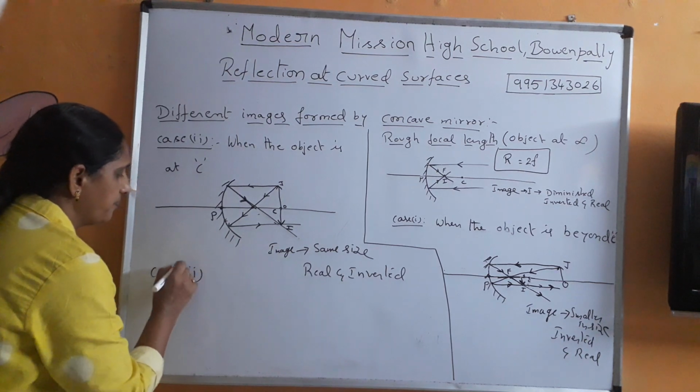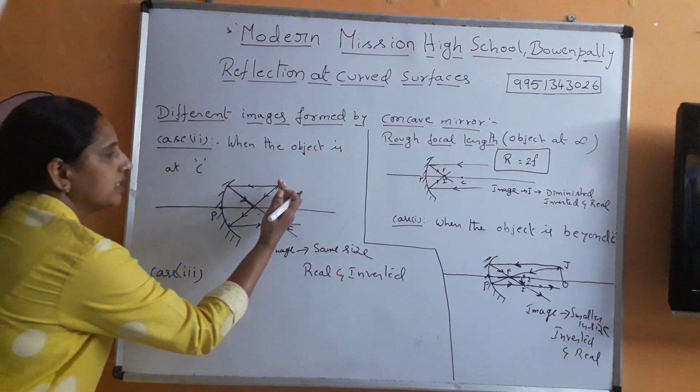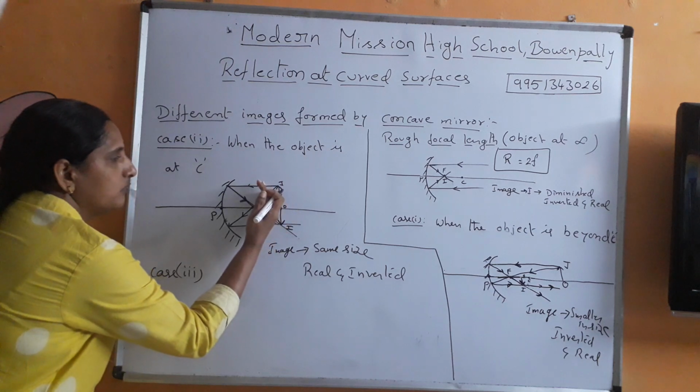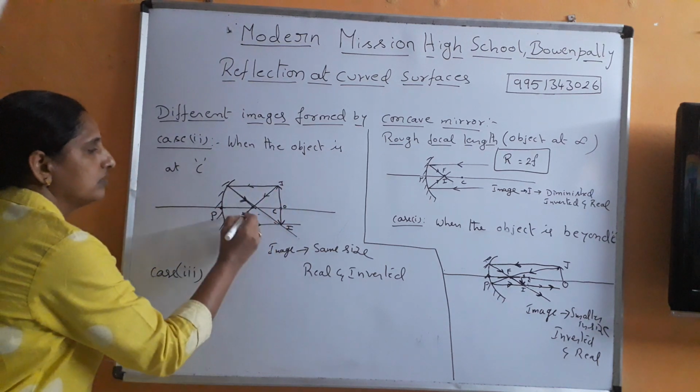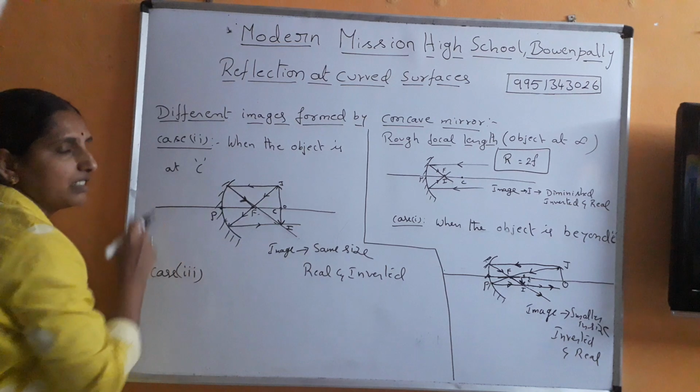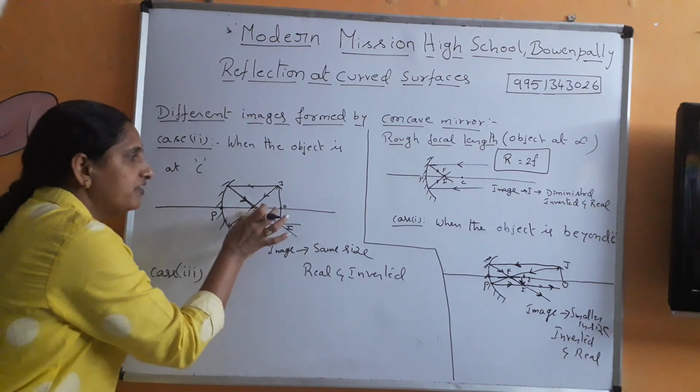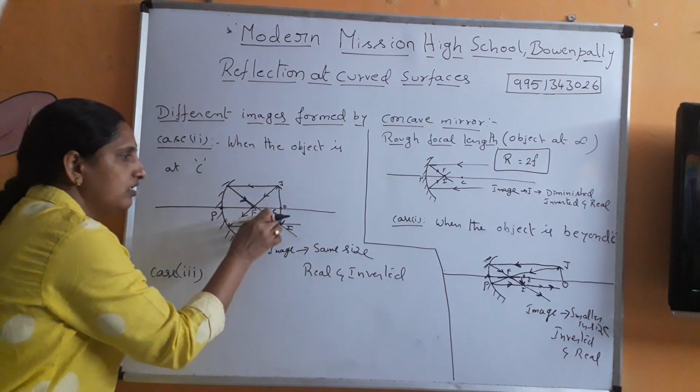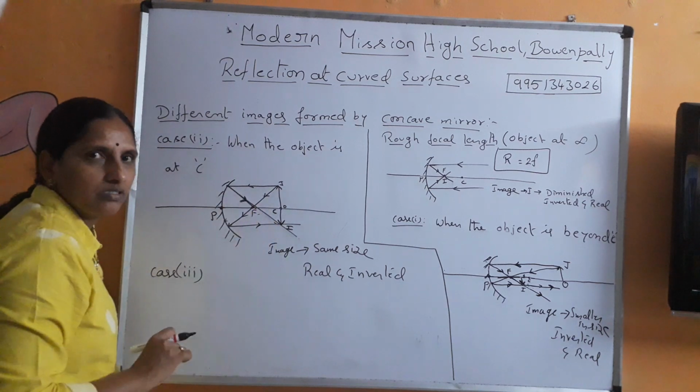Case 3. Let us bring the object a little bit nearer to the mirror, between F and C. So these are all acting as reference points to us, is it not?